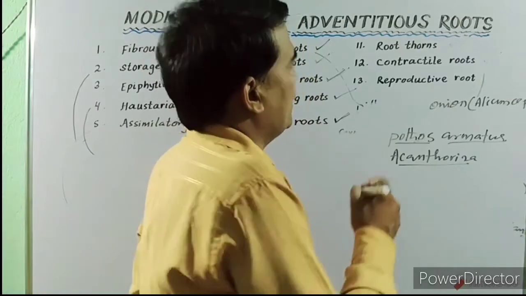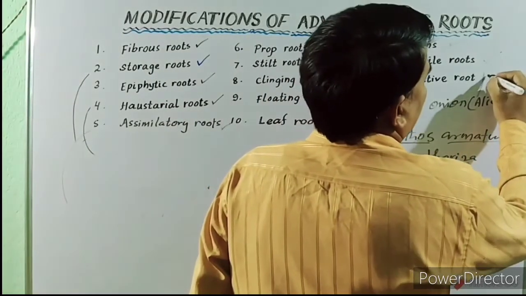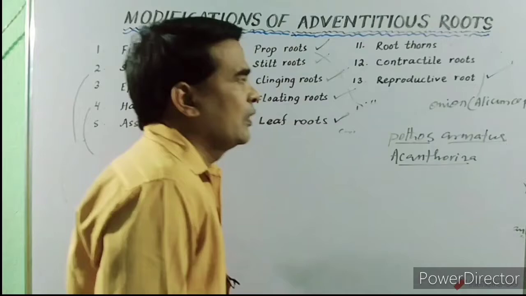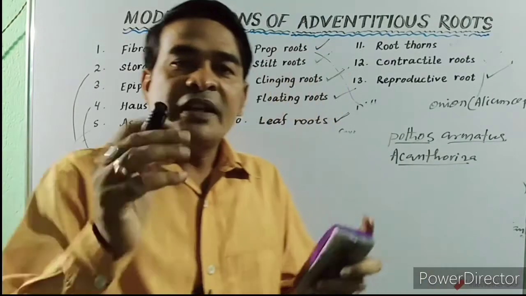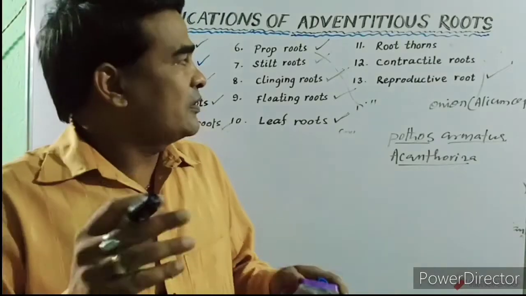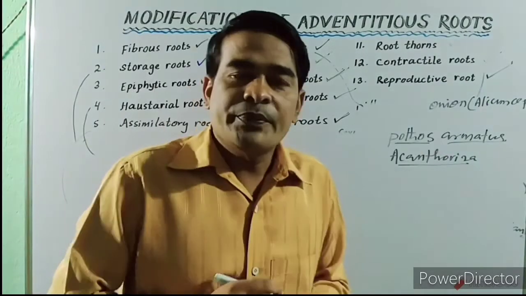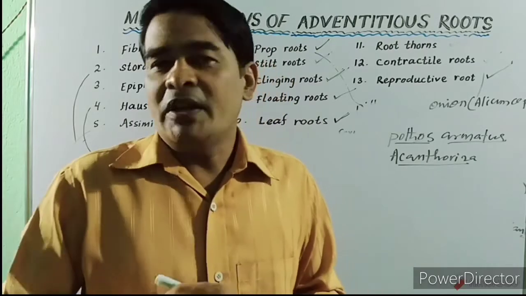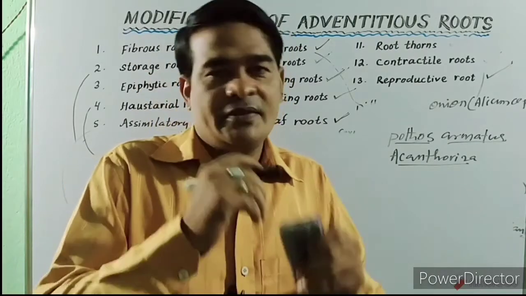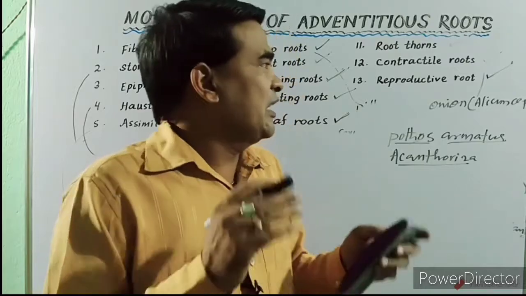Okay, then reproductive roots. The storage adventitious roots may function as reproductive roots by producing adventitious buds over them. The adventitious buds help in vegetative reproduction.